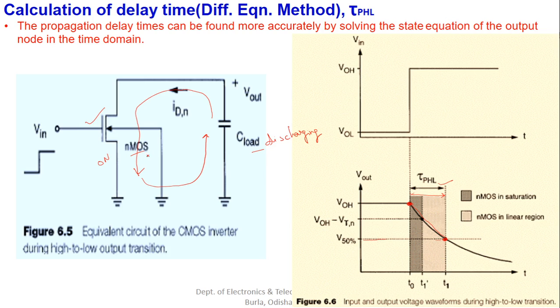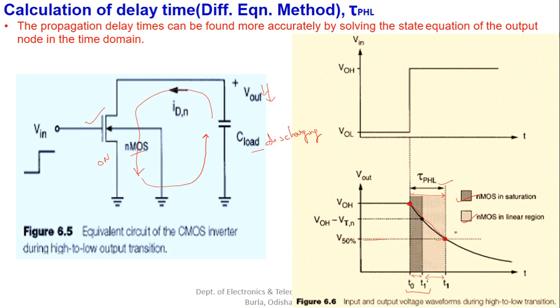As the output value goes on decreasing, the mode of operation of this NMOS changes. For the duration between T0 and T1 dash, it will be in saturation mode, and between T1 dash and T1, it will act in the linear region of operation.